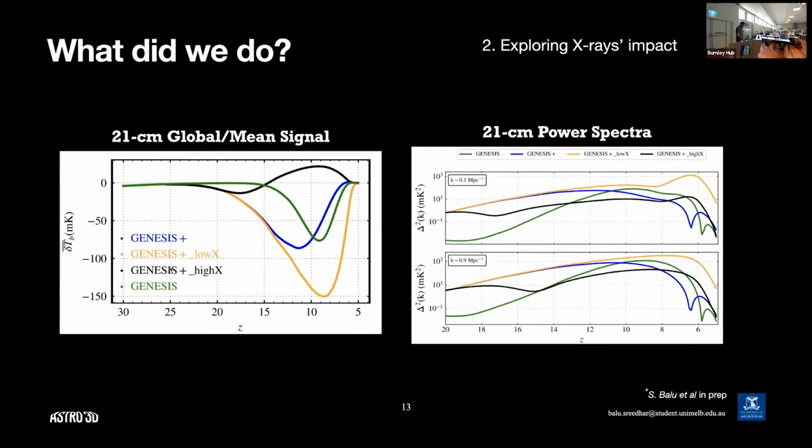For example, in the Genesis plus high X, where I have more X-ray photons, the gas spin temperature will be much higher, which is something you notice here. In the same manner, you have an impact on the 21 centimeter morphology, which is reflected in the 21 centimeter PS as well.